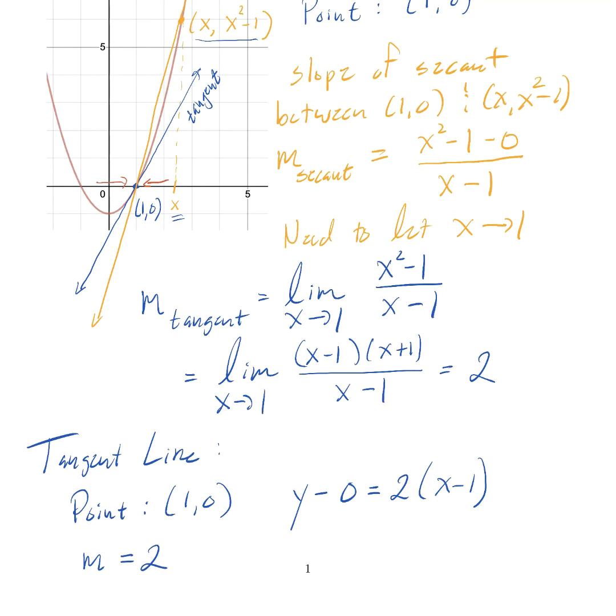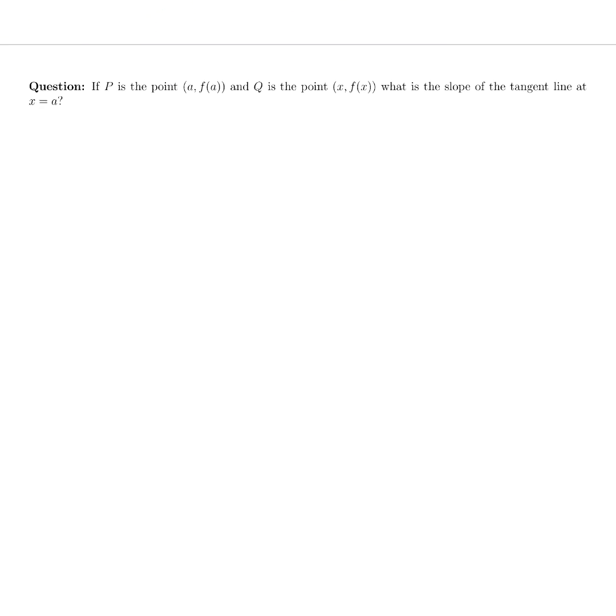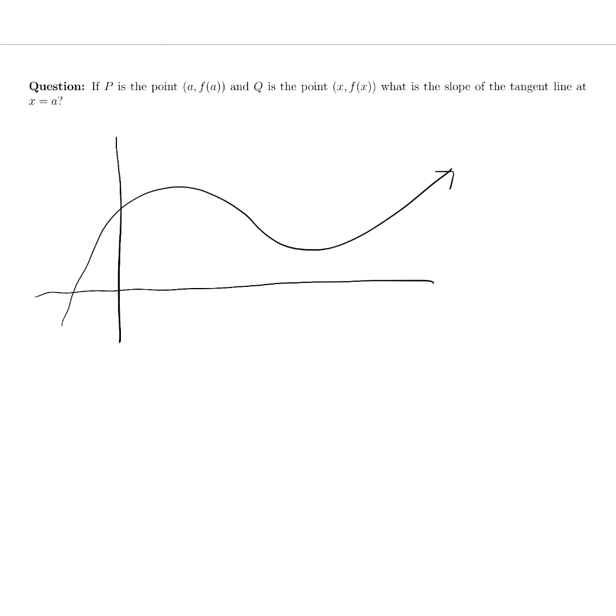And I'd like to go ahead and formalize that idea a little bit. Okay, so let me draw a picture here. So the question is, if P is the point A, f of A, and Q is the point x, f of x, what is the slope of the tangent line at A? Okay, so let's draw a picture. Maybe we have some function that looks like this.